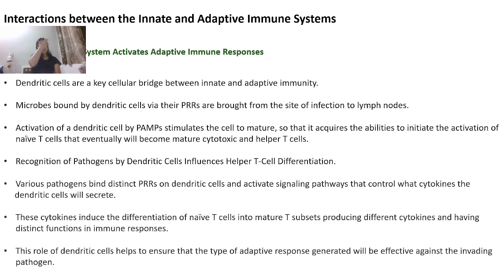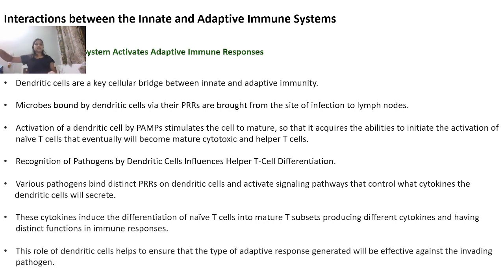So the dendritic cell is one of the key cellular bridges between innate and adaptive immunity, because microbes which are bound to the surface of these dendritic cells via the pathogen recognition receptor are brought from the site of infection to the lymph nodes where all these adaptive immune cells, the T cells or the B cells, are present. So when there is activation of the dendritic cell by the PAMPs, they will stimulate the cell to mature so that it acquires the ability to initiate the activation of naive T cells that will become cytotoxic as well as helper T cells.